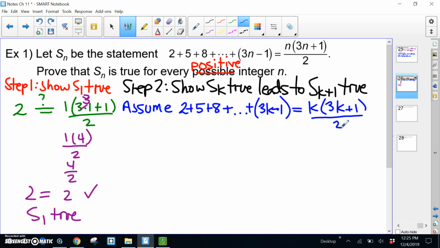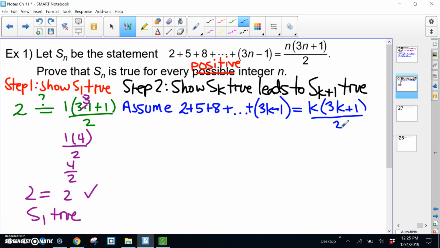All right. What I have to prove now is that the next domino falls. So if k is some number, then the next domino is going to be k plus 1. So on the right side of this expression, you just have to change k to k plus 1. But on the left side of this expression, you have to show that sum with the next term. Okay?